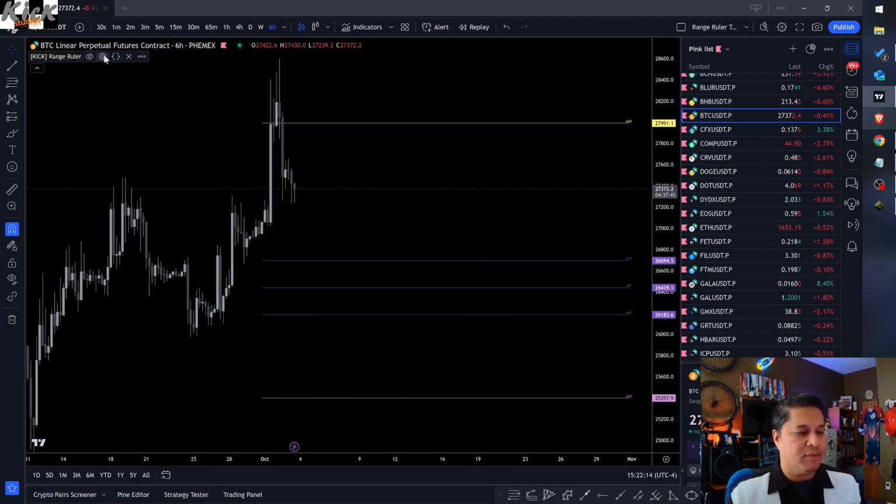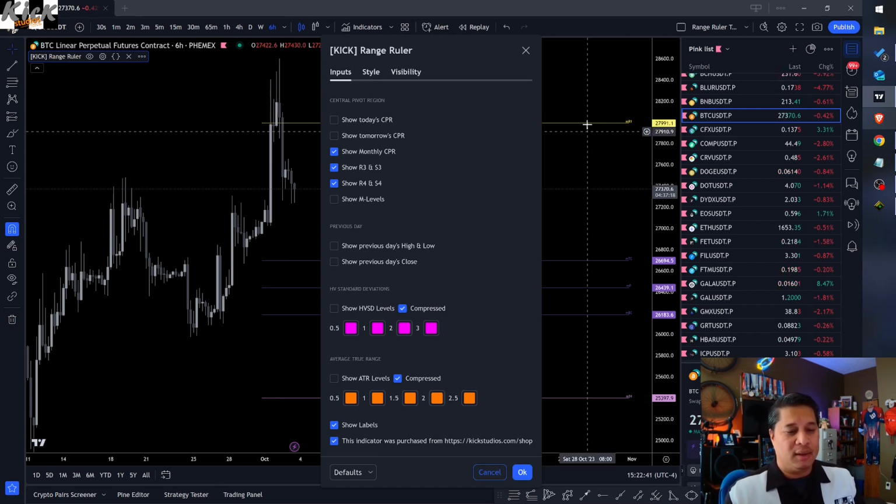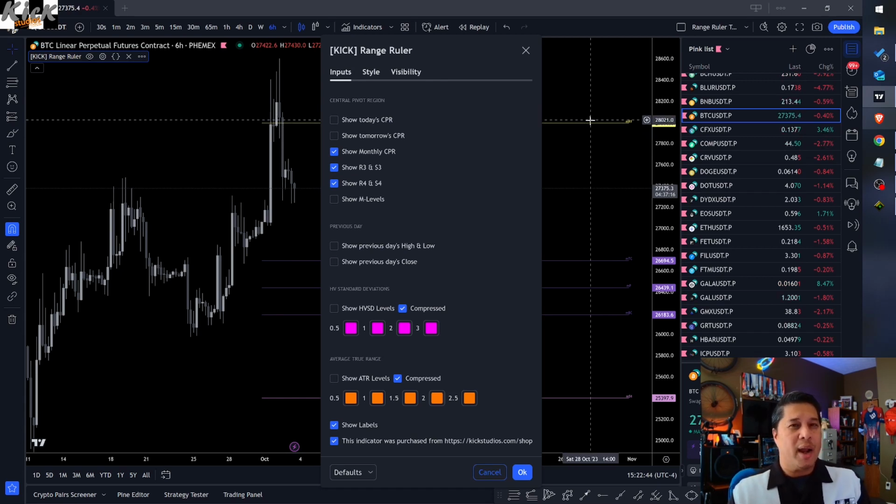Now, some of you might ask, what about weeklies? Because a lot of other CPR indicators also let you look at the weeklies. From my experience, I found that those were not really that useful in my trading style. I would be happy to add them in if people really demand it. However, there are so many levels and plots already being drawn by this indicator that we're right on the edge of what's allowed, because of the colors that we're using too.